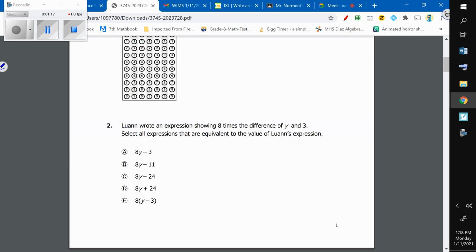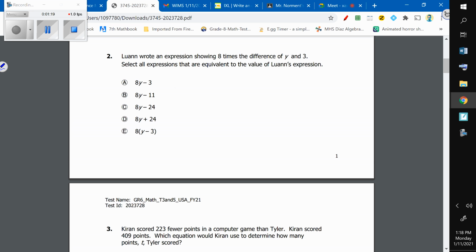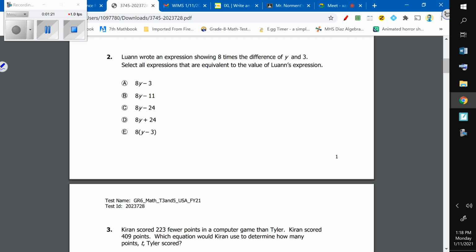Number two. Luann wrote an expression showing 8 times the difference of y and 3. Select all expressions, this is key, that are equivalent to the value of Luann's expression. So 8 times the difference of y and 3.